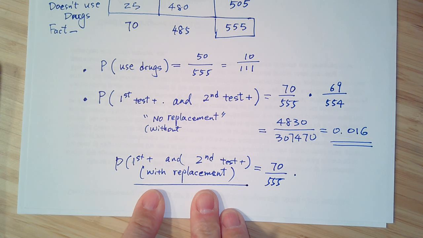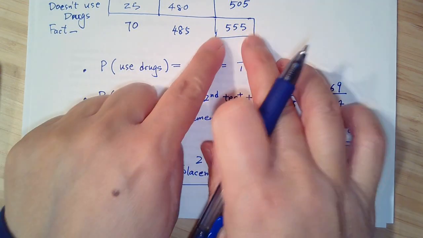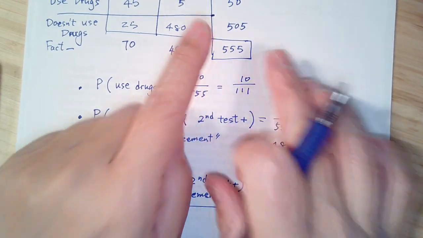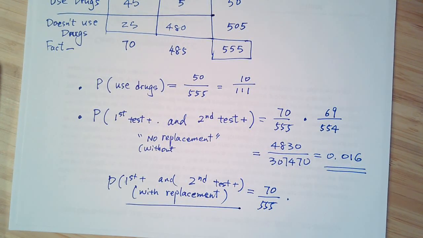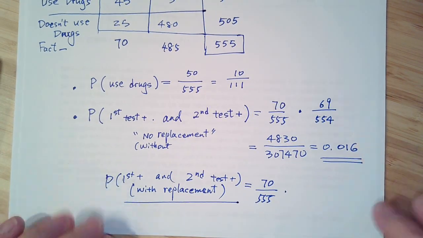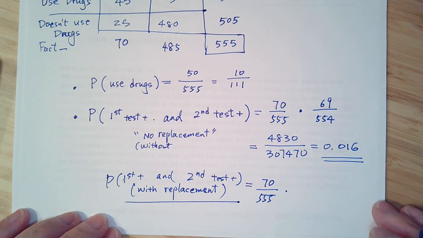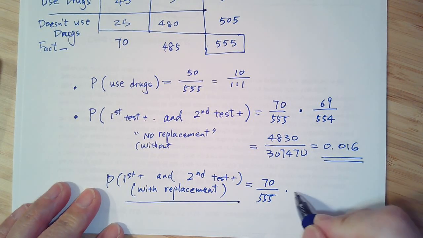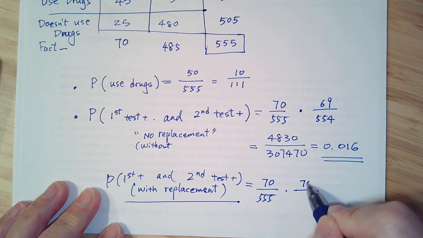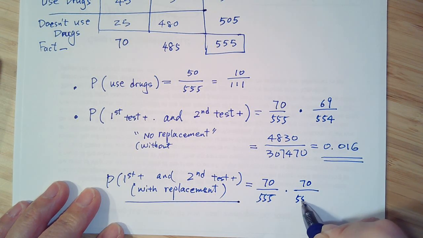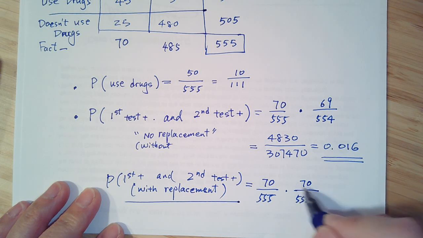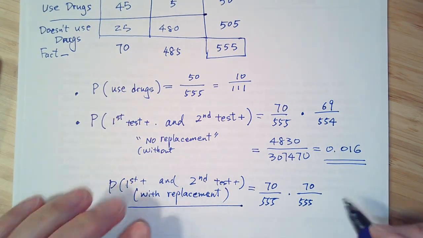With replacement, that means after you find this person is positive, you put him back to the 555. So when you go back to choose the second subject, this person actually also has the chance to be selected. You are selecting one out of this 555, and the total 70 of them test positive.